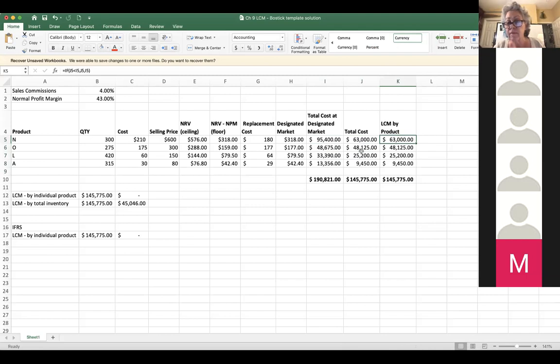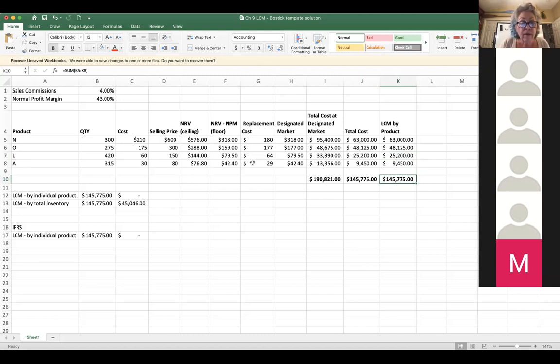Do you see that? Oh, I see, because you're choosing the lower number. Right. So obviously you have to choose the lower of cost or market. Since cost is the lower on all of them, total cost and total LCM by product are going to be the same, and there is no write down because cost on every single one of them was lower.